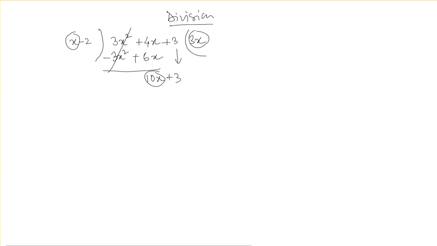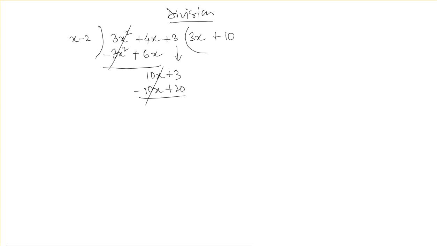To make this 10x, we just have to multiply it by 10. 10 will be multiplied to both, not only x but also to minus 2. It is 10x minus 20. Now when we subtract, it becomes minus 10x plus 20. Yes, this is the secret of sign change while subtraction. And this is 20 plus 3, that is 23.